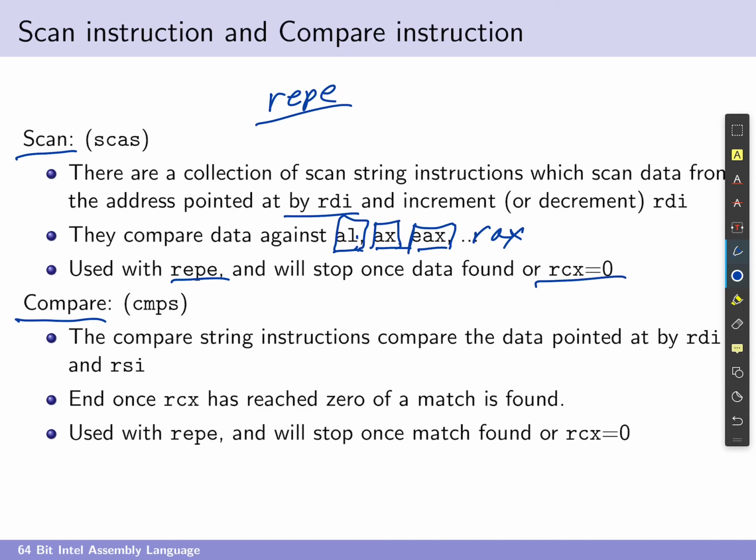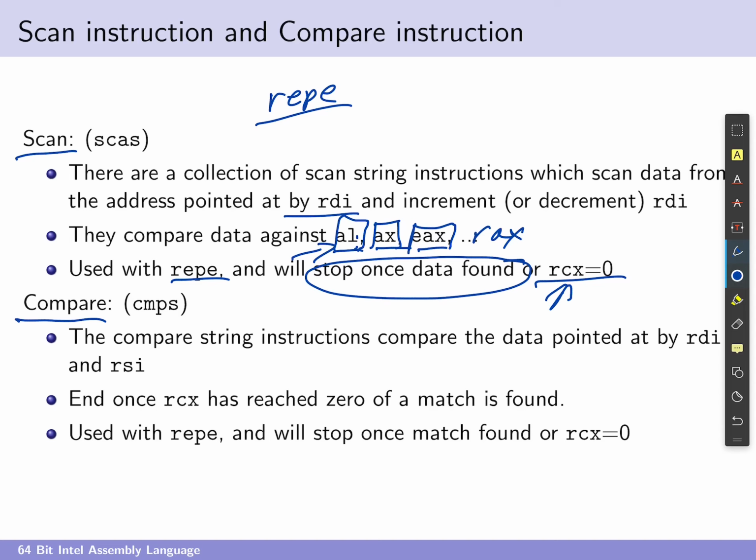It will continue until RCX is 0 or it found the data it was looking for. So if the current element is equal to the one that we've stored in this register, say we're working with just bytes and the current element is equal to what is in AL, it will stop at that point, which means we can use the value in RCX to deduce the index of the element we were looking for. So that's really quite useful.